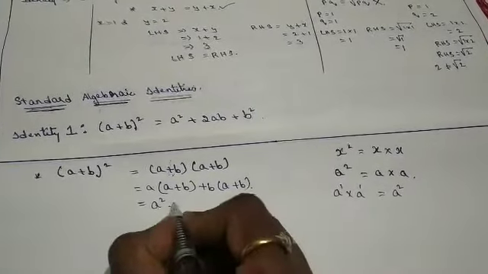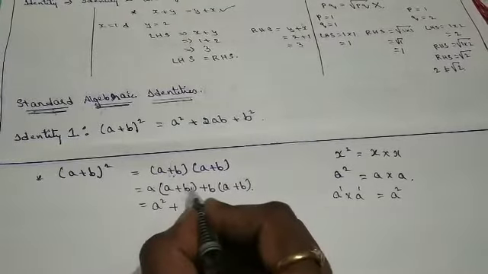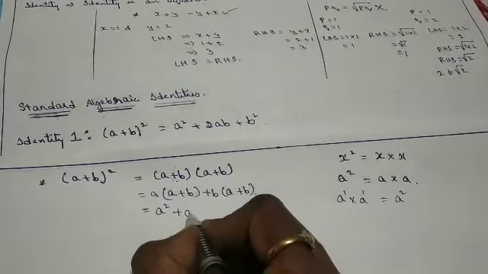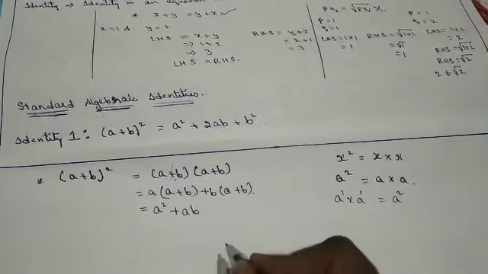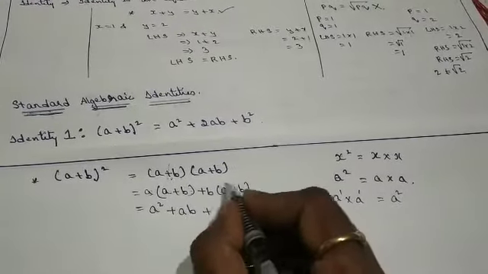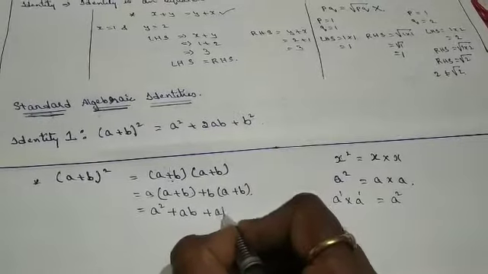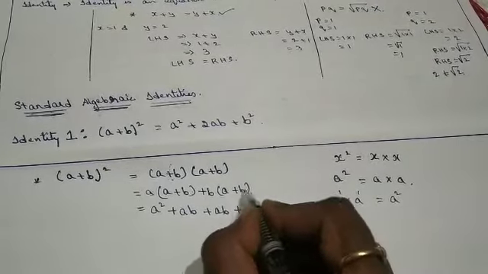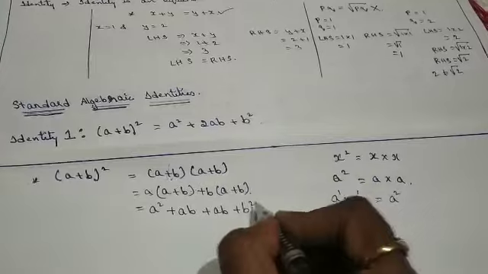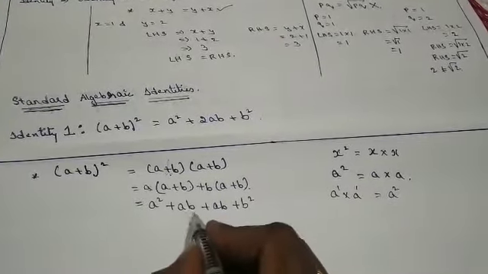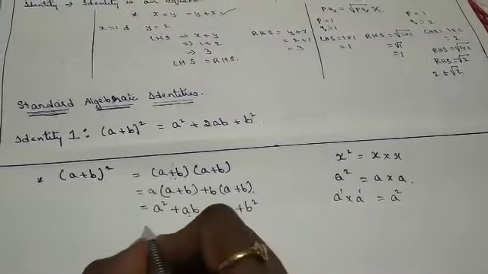Plus a into b, these two are unlike terms, so we'll multiply as it is. A into b is nothing but ab. Plus, go with this now, b into a is nothing but ba. Ba can be written as ab. Plus b into b is nothing but b square. Is there any like terms? Yes, these two are like terms, so we can add up the like terms.